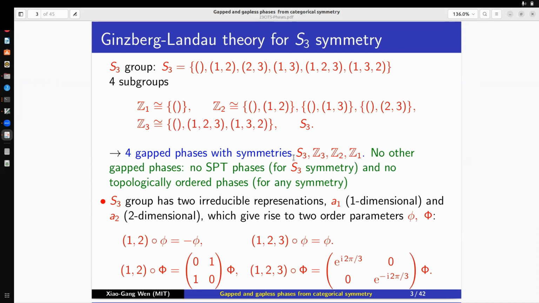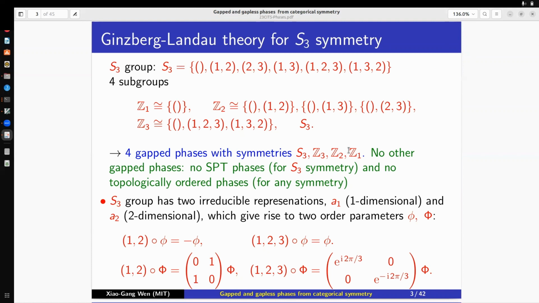In fact, these 4 symmetry breaking phases correspond to 4 gapped phases of matter. In general, for other groups, we could have SPT states. For the S3 group, there happen to be no SPT states in 1 dimension. But for other groups, in addition to symmetry breaking phases, we also have other SPT states. So there's more structure, but here we only have 4 phases.